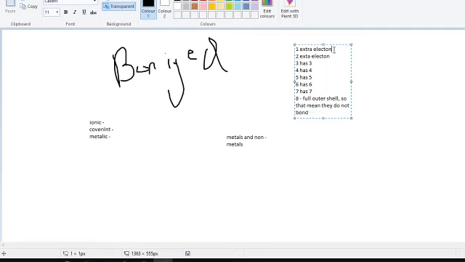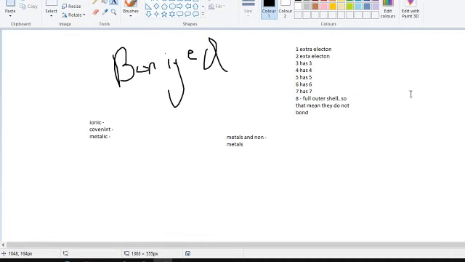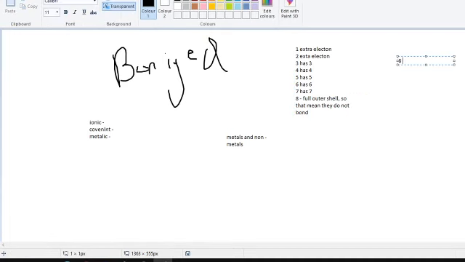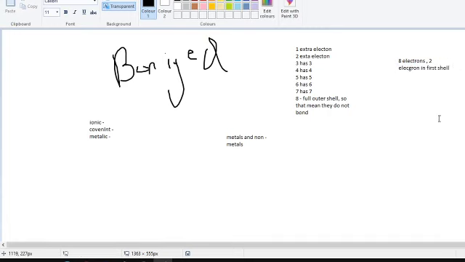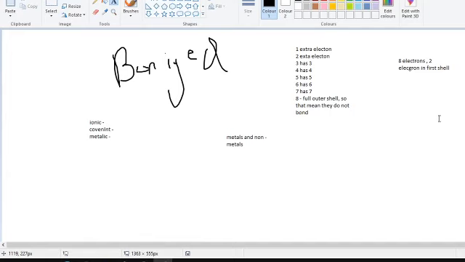So basically, an atom needs to have 8 electrons in its outer shell, or 2 electrons in first shell. Yes, 8 electrons in the outer shell or 2 electrons in its first shell.